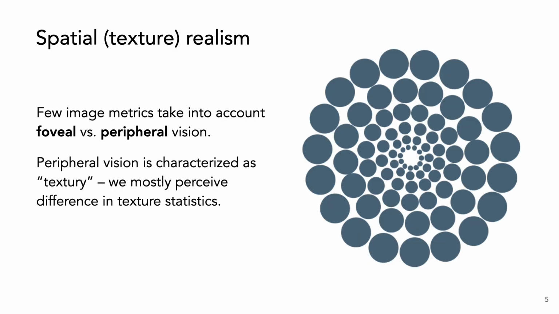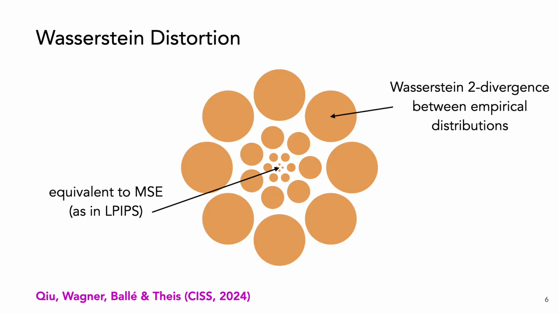However, few image metrics take into account the difference between foveal and peripheral vision. In contrast to the center of gaze, where our vision is most accurate, we tend to perceive texture statistics rather than precise detail in the visual periphery. Wasserstein distortion models this.